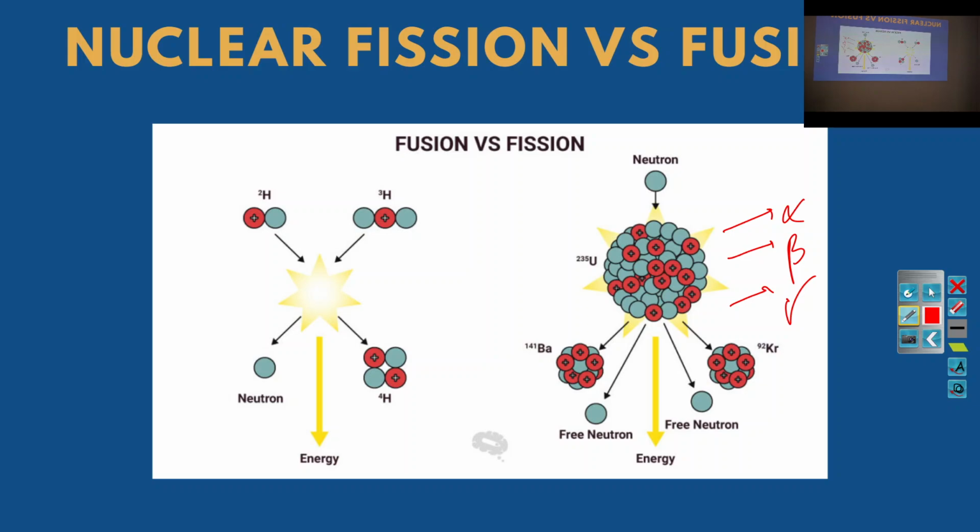Nuclear fission involves disintegrating a heavy atom into two or more smaller nuclei.